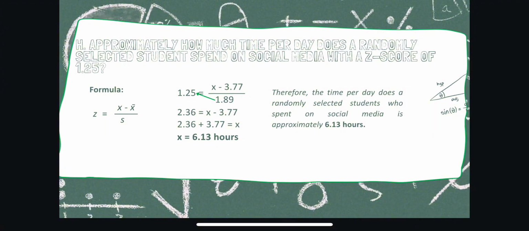Therefore, the resulting value is approximately 6.13 hours. This means that a student with a z-score of 1.25 spends about 6.13 hours per day on social media, which is higher than the average usage time, indicating above average social media consumption compared to other students.